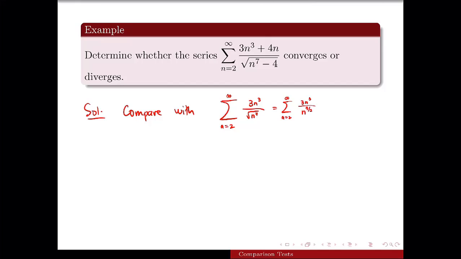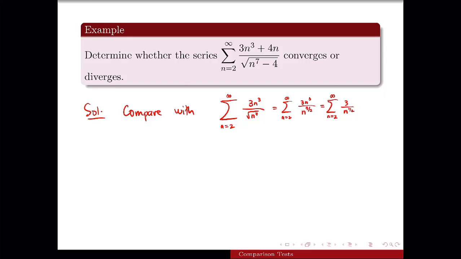And if you simplify this further, you will have 3 in the numerator. On the denominator, you just have n raised to 1 half. 7 halves minus 3, that's 1 half.